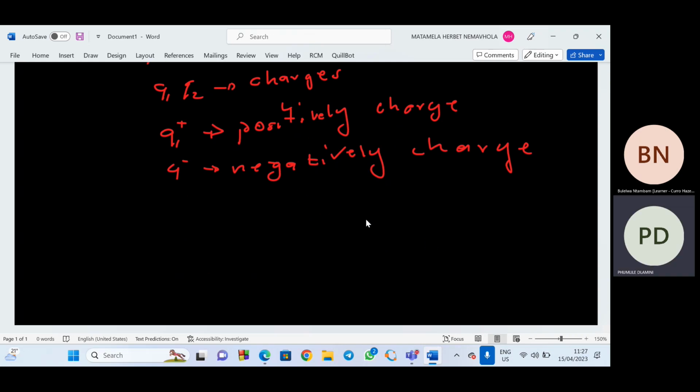Now we have a formula, and the R, I will just indicate it as the distance between the two charges.